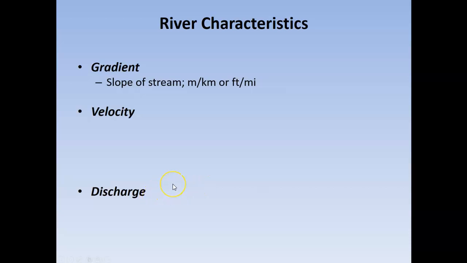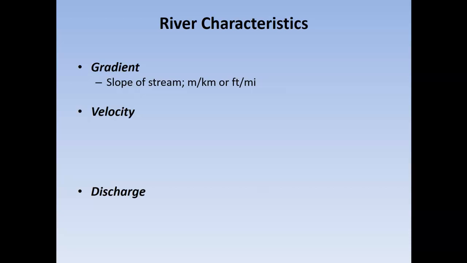That's how gradients are given, and it basically tells you how many feet in elevation you would change over 1 mile. So a gradient might be 2 feet. That would mean that over every mile we travel, the elevation change of the stream would only be 2 feet. That's a pretty gentle gradient.